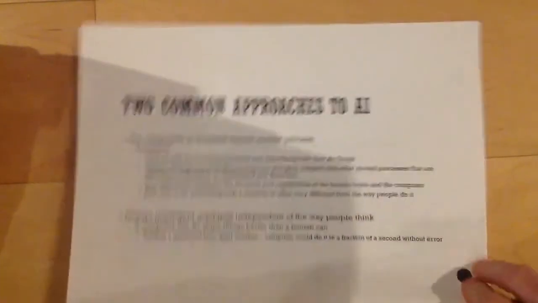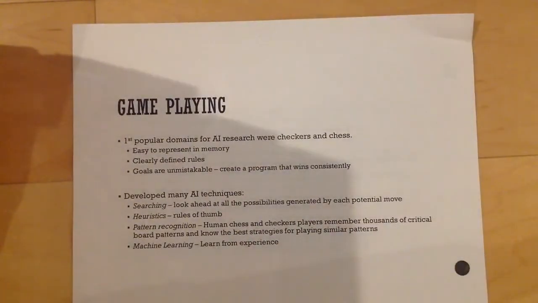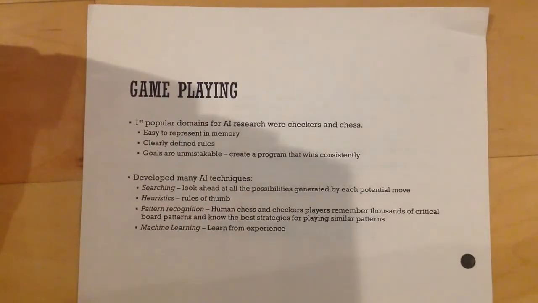All right, so let's take a look at a common frontier for AI. One of the early applications of AI was looking at game playing. And the reason that game playing works well with artificial intelligence is there's usually defined rules, there's usually a limited sample space, there's clear goals, so it makes it easier to say, all right, I know exactly what the limitations are, I know exactly what's going into this, and come up with a game plan to figure out what's going on.